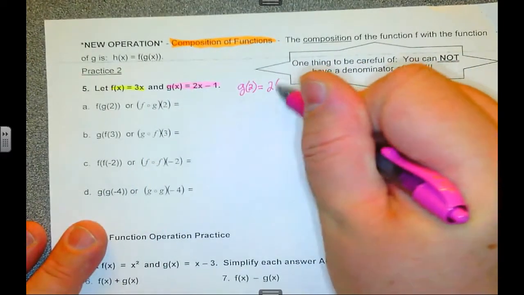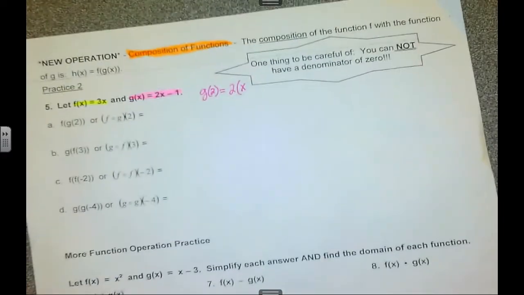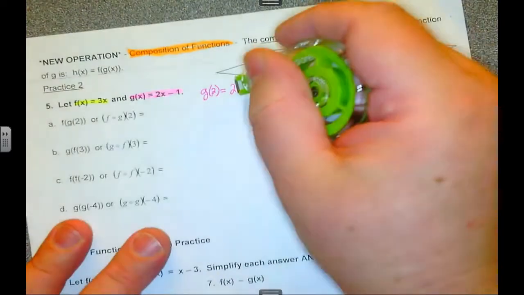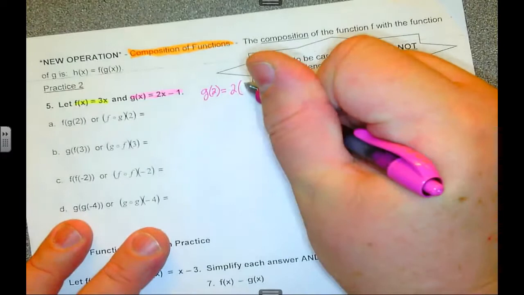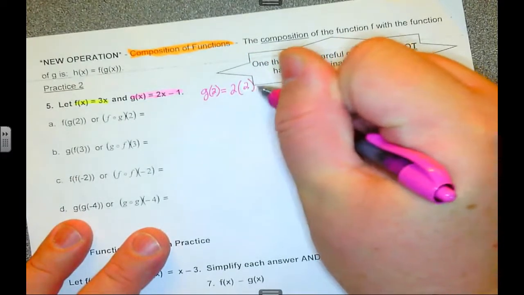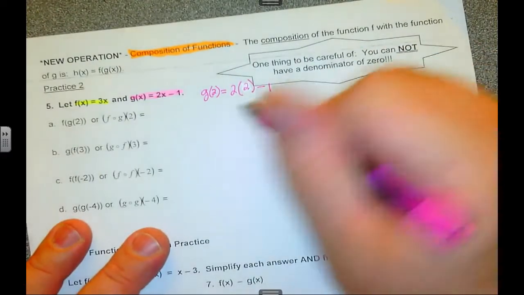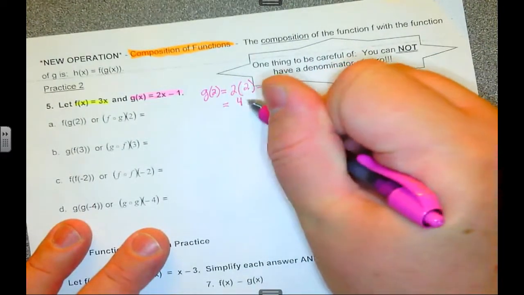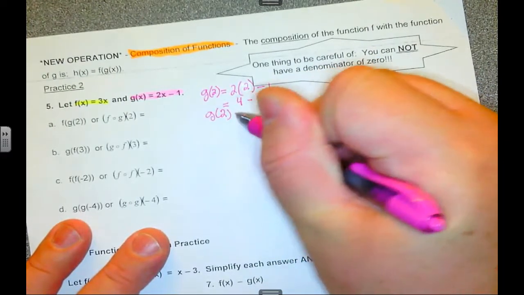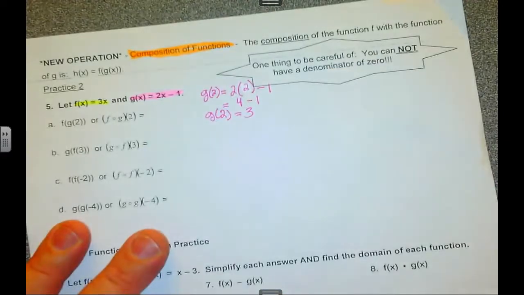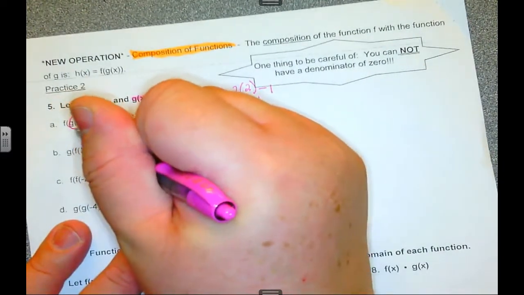So I have 2 times 2, minus 1. 2 times 2 is 4 minus 1. So the g of 2 equals 3.